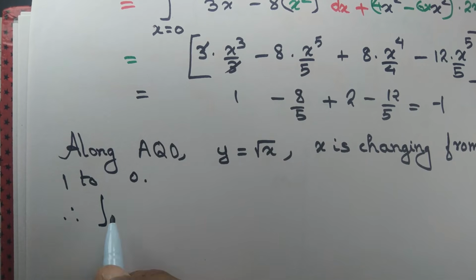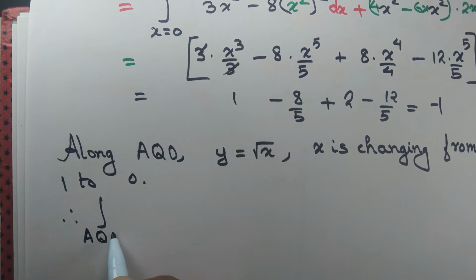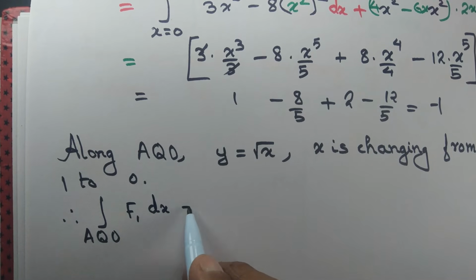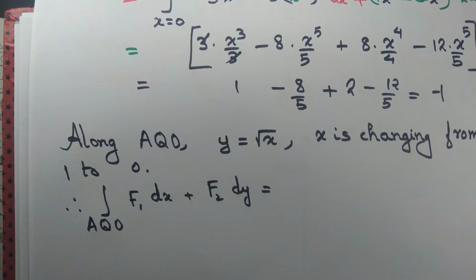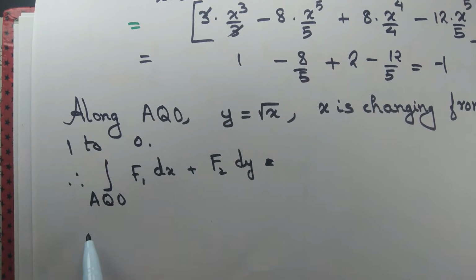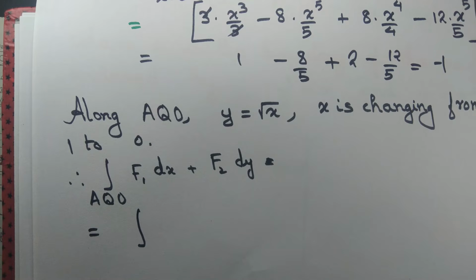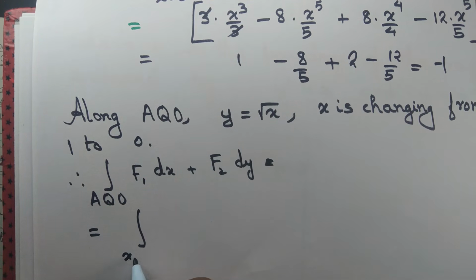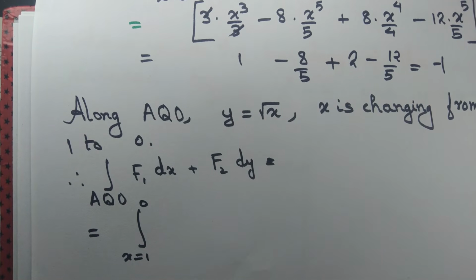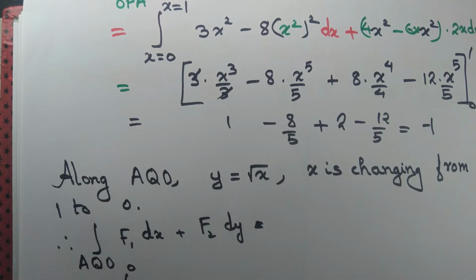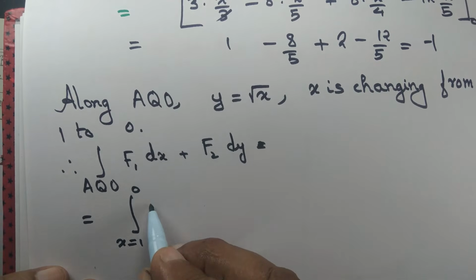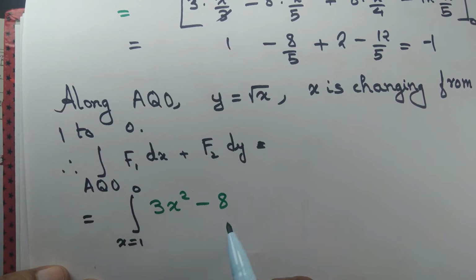Therefore, integral along AQO f1 dx plus f2 dy equal to, let's write it in the next line, x is changing from 1 to 0. f1 is your 3x square minus 8y square.